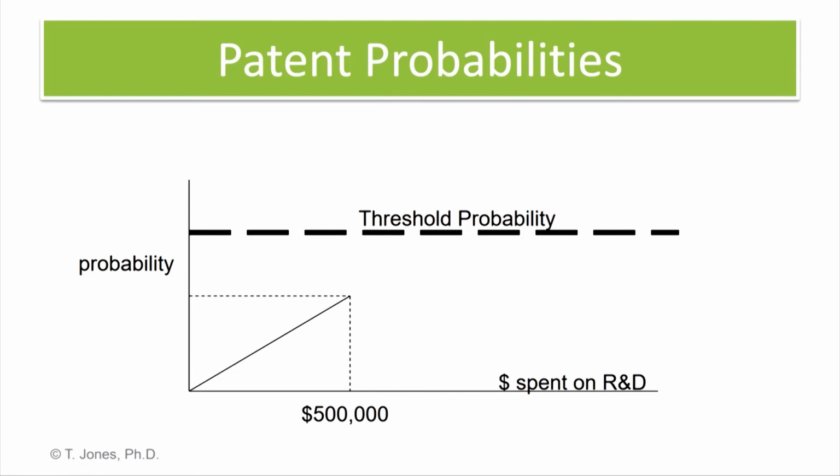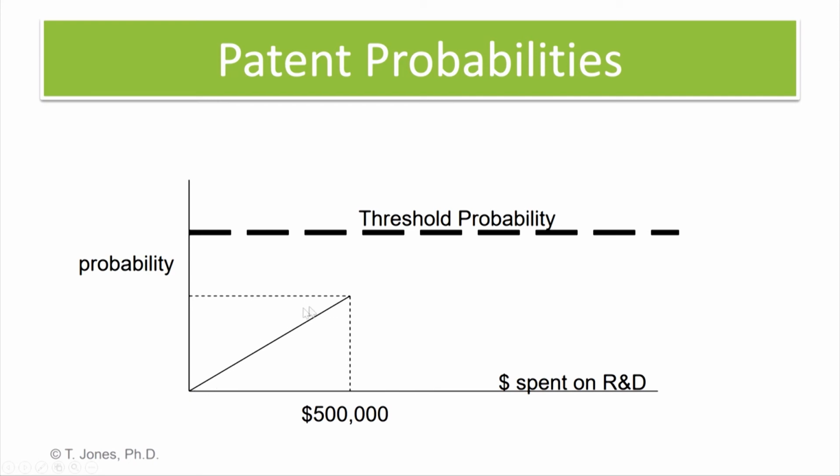Okay? So the way the patent probabilities work in the game is there's a threshold probability that is set, and as you spend money, you will move up this threshold probability, or up this curve, to try and get closer and closer to that probability function. Okay? Now this isn't necessarily linear. So in the data log it says you need to spend at least X number of dollars in order to have any effect whatsoever.